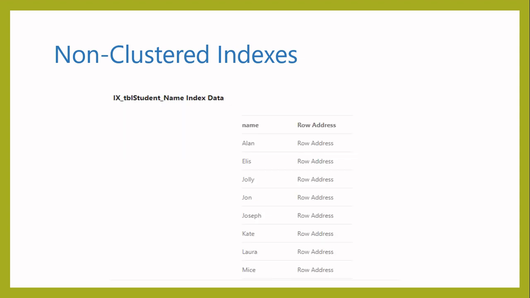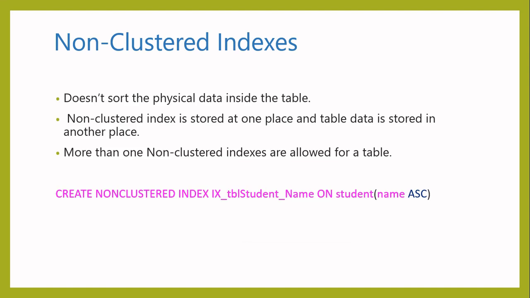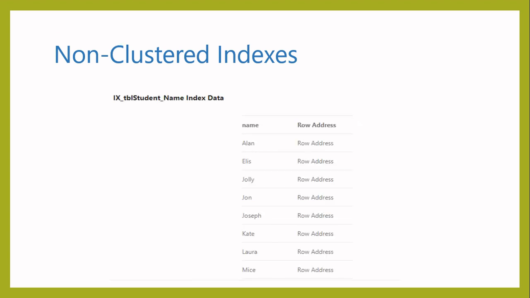Let's say we have created a non-cluster index on the student table for the name column, and let's see how it is stored in the backend table. In case of a non-cluster index, a separate table will be available for storing the non-cluster index. So whenever you create a non-cluster index, an index table will be created automatically, which will have the index column, in our case the name column.